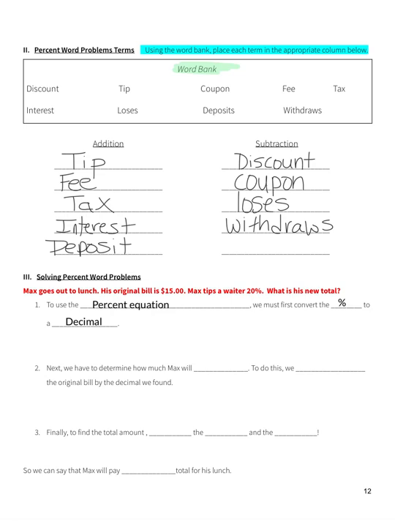Okay, so we're converting that percent to a decimal. We can see the percent that he tips the waiter is 20%. In order to convert a percent to a decimal, we divide by 100. So 20 divided by 100 equals 2 tenths. How to determine how much Max will have to tip. In order to do this, you have to multiply the original bill by the decimal we found.